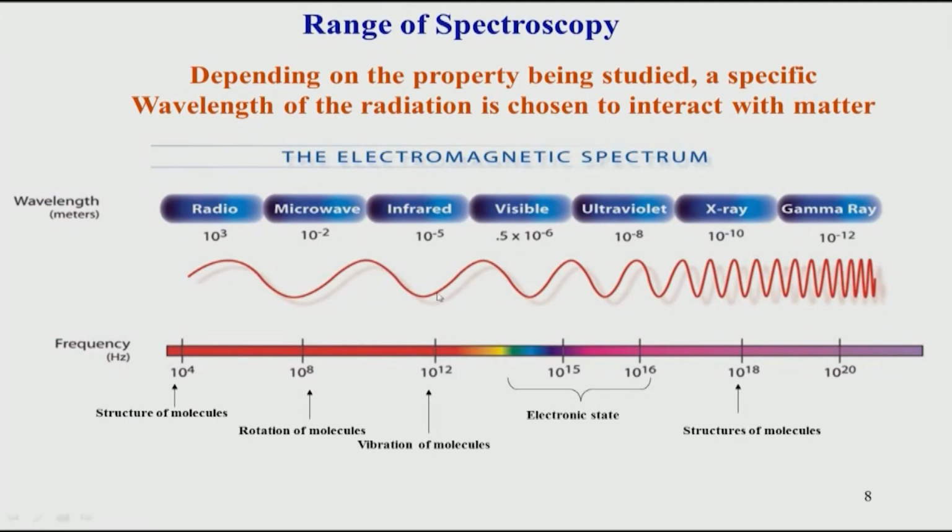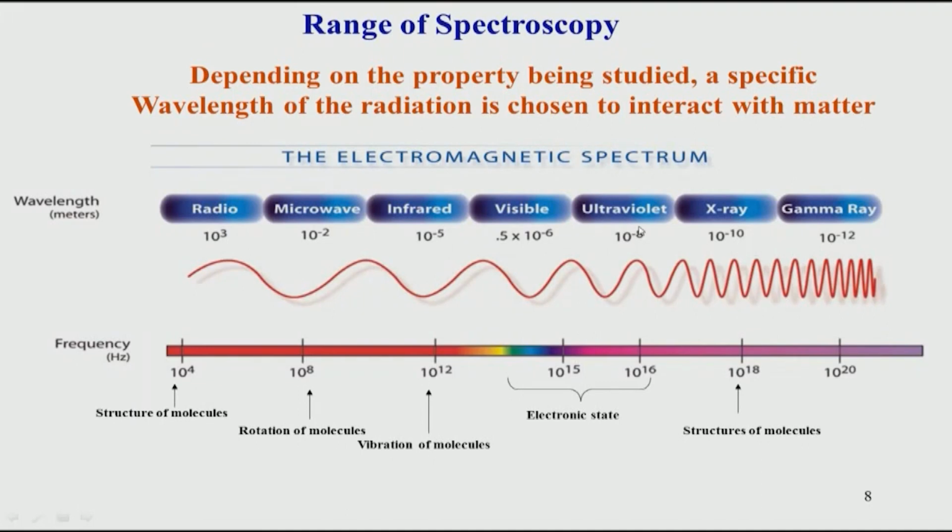Then the next energy is infrared, to which the vibrations of the molecules respond. Then come the electronic transitions, that means the electrons in the molecule respond to these energies, which are visible and ultraviolet. Visible is, as the word means, the range you can see, and this is the range of frequency.